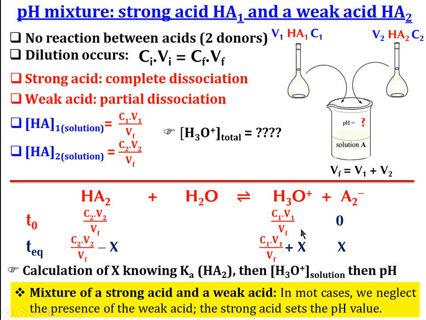In other words, when you calculate x, you will find that x is negligible with respect to C1 V1 divided by V final, so H3O+ in the solution, which is equal to C1 V1 divided by V final plus x, will be equal only to C1 V1 divided by V final, and this is the concentration of H3O+ provided by the strong acid. So the strong acid sets the pH value.